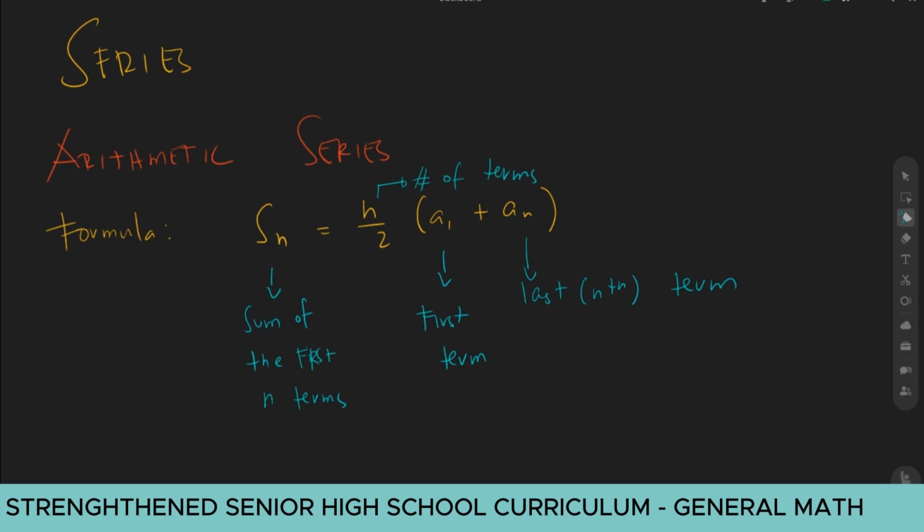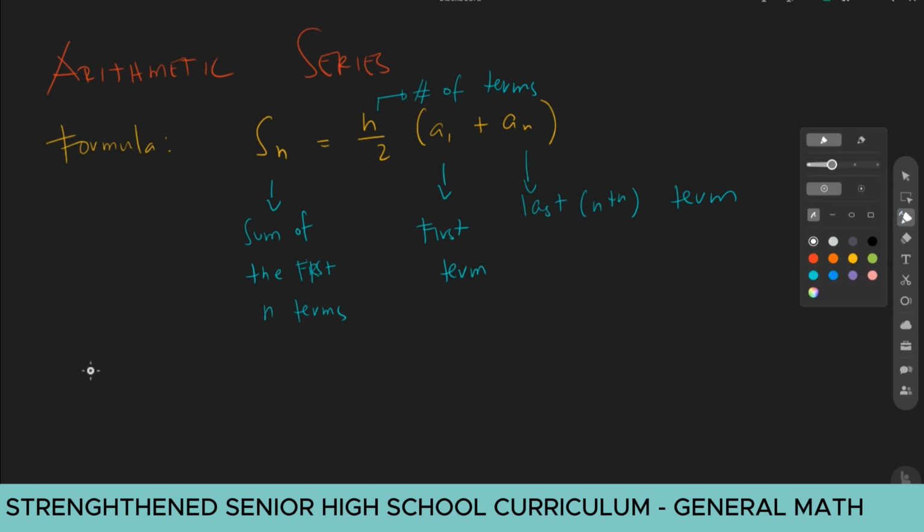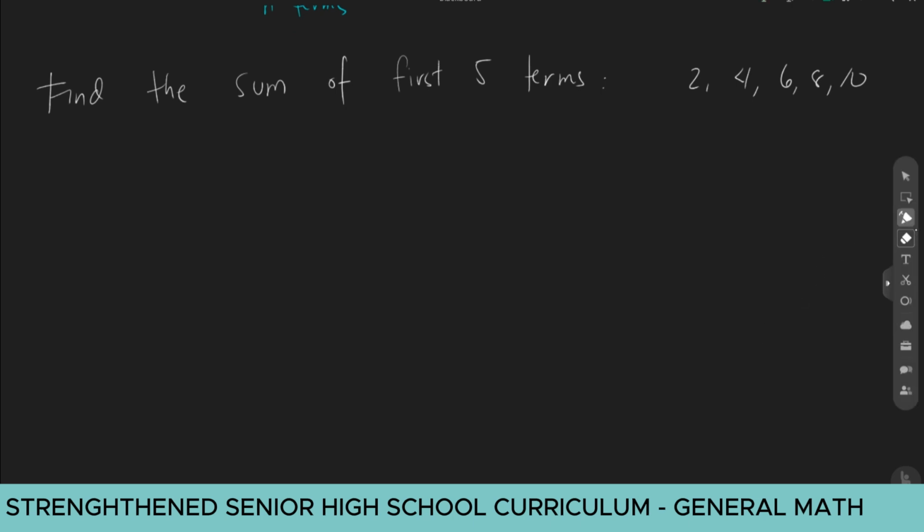For example, find the sum of the first 5 terms of this series: 2, 4, 6, 8, 10.